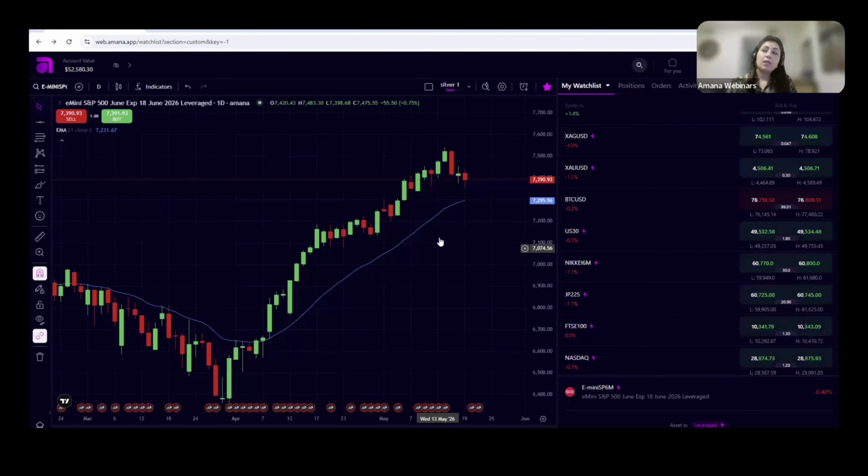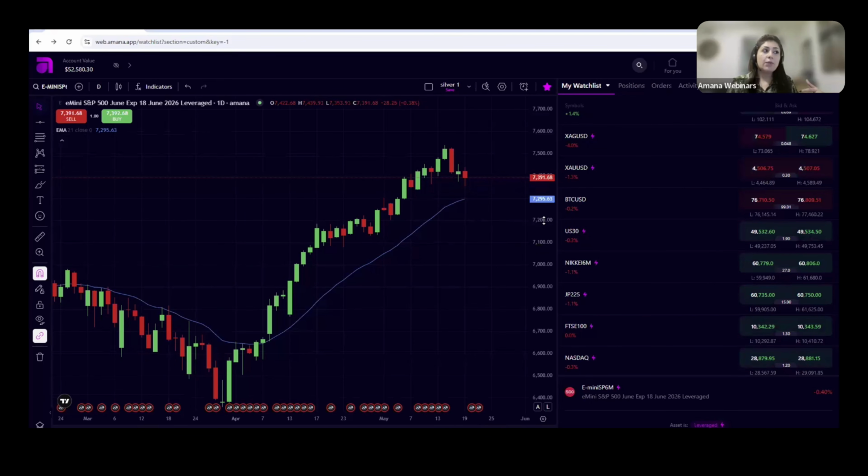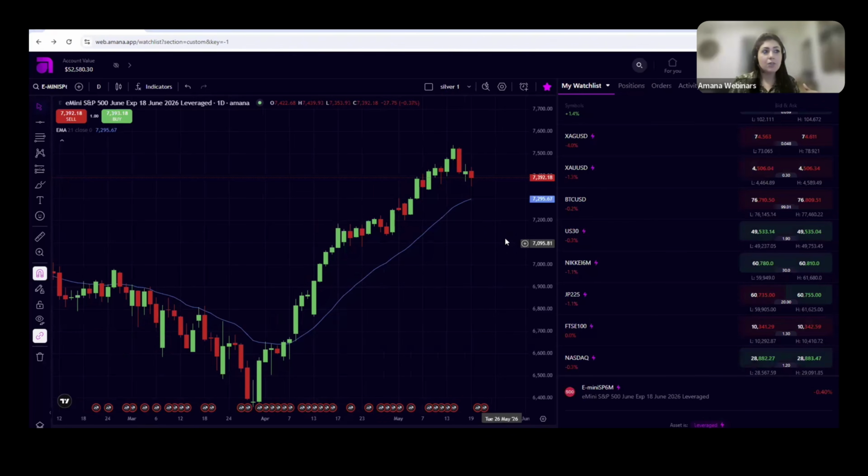Now, EMAs and SMAs are helpful when you are just analyzing support and resistances. They will not necessarily cause the trend to turn, or create a swing point on their own, because you have to understand they are lagging indicators. They are derived from the price itself.